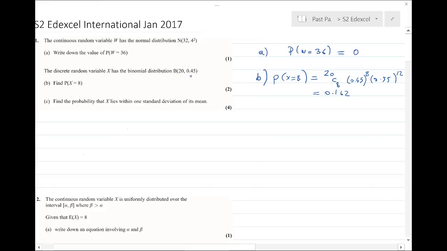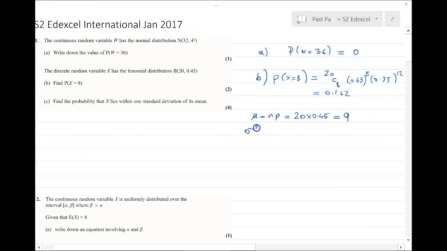Find the probability that x lies within one standard deviation of its mean. Well, it's a binomial, and we know the mean of a binomial is equal to NP. So that means it's equal to 20 times 0.45, which is equal to 9.